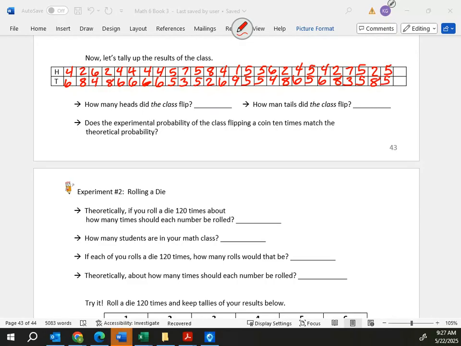Okay, now what we need to do is add up all of our heads, and we're gonna add up all of our tails. Adeline? Why is it so many 4, 6? Because that's just how the flips happened. So, let's get our calculators out.